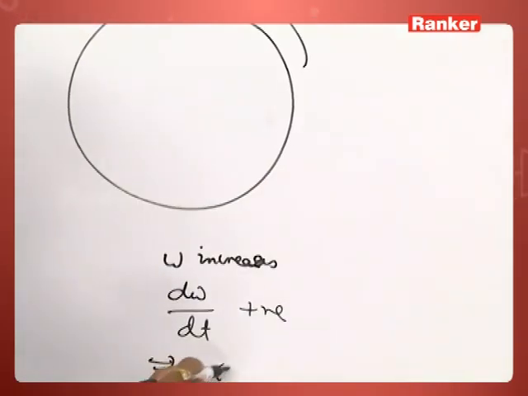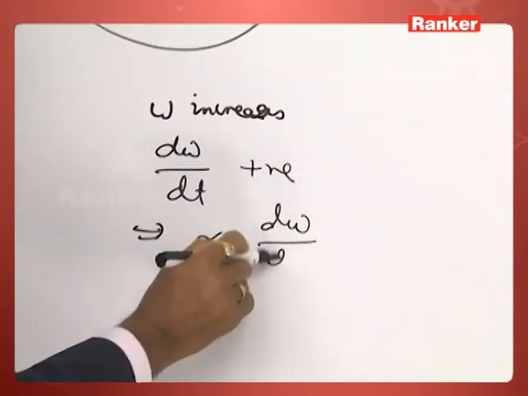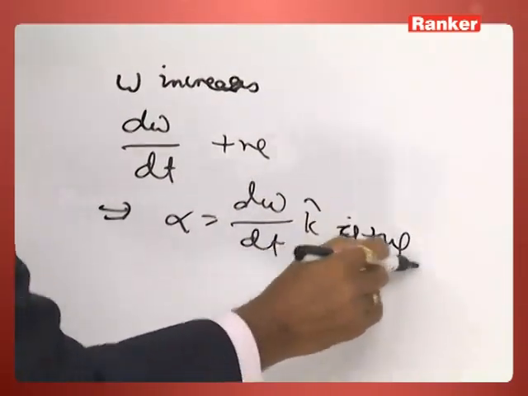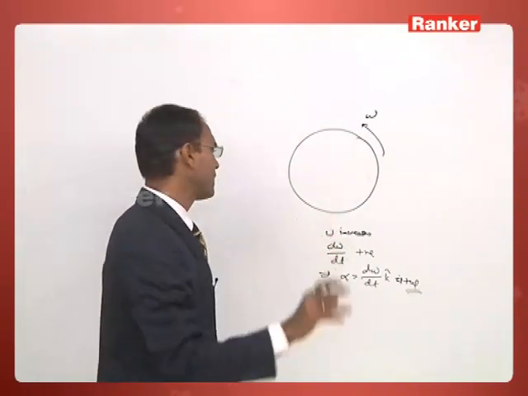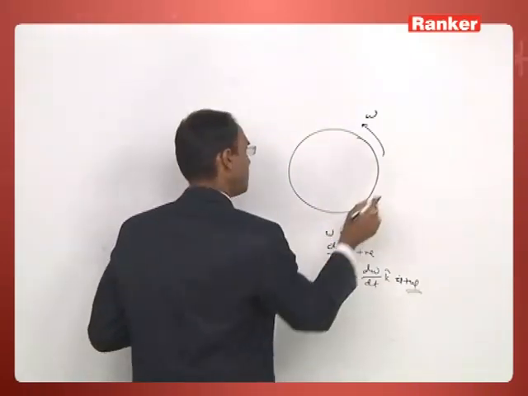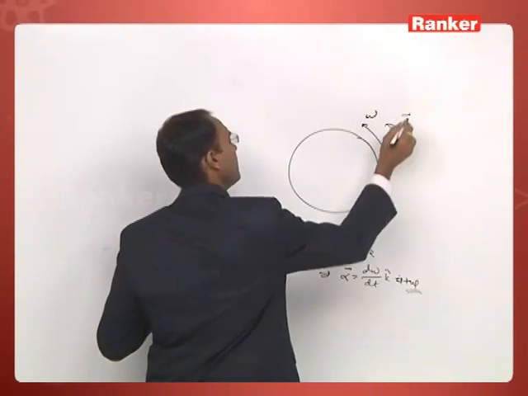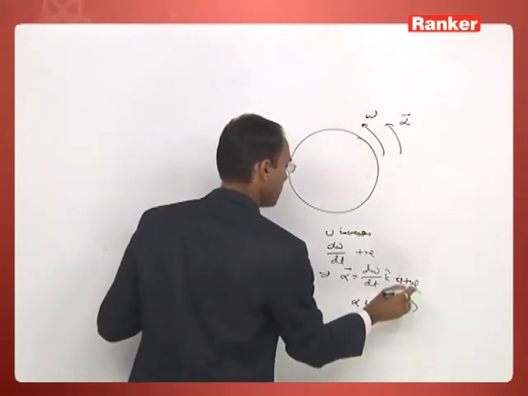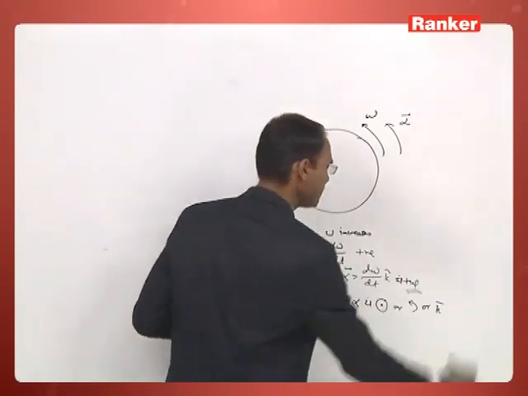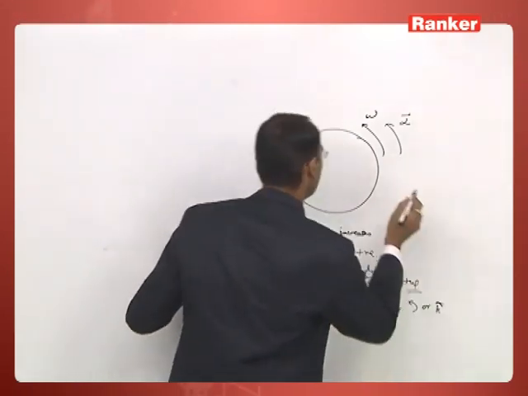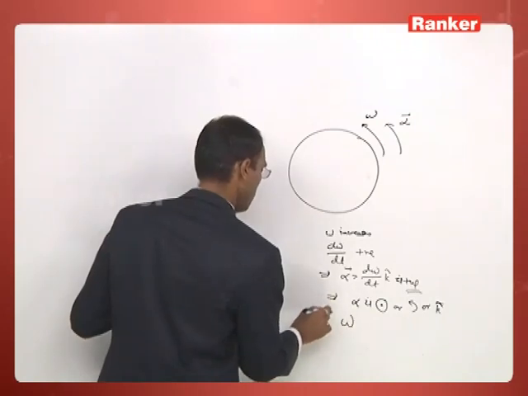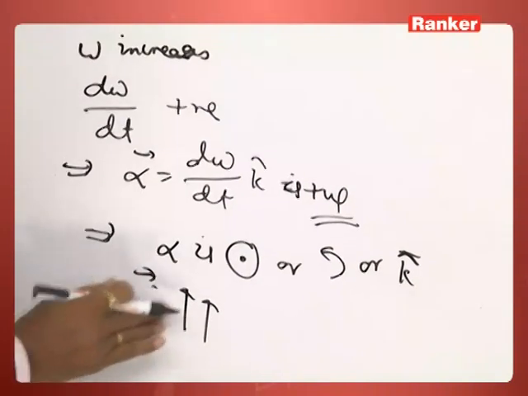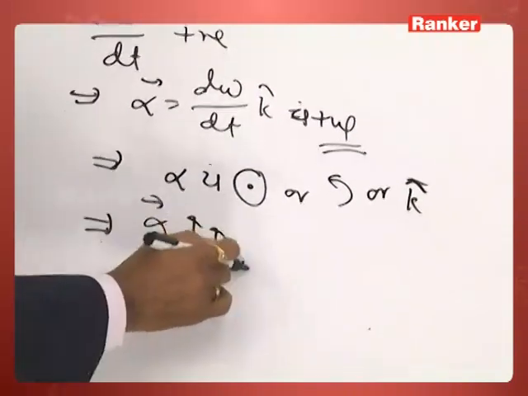Therefore, alpha is equal to d omega by dt k, which is positive. Positive means it's directed in positive z direction. Therefore, alpha is either outward or anticlockwise or directed in positive z direction. In other words, alpha is parallel to omega.